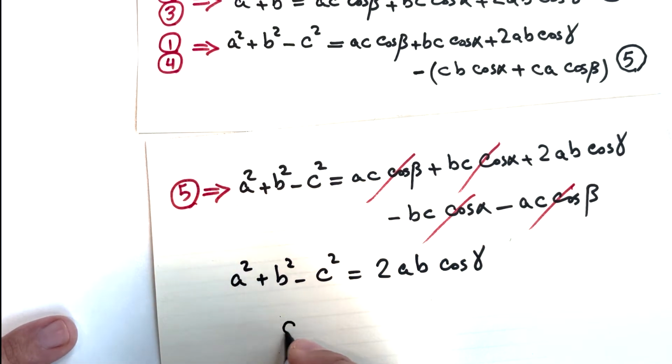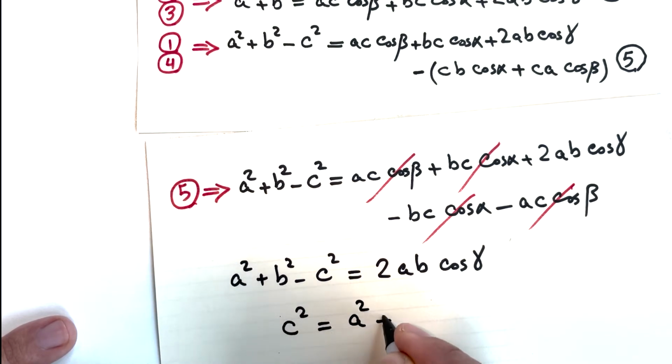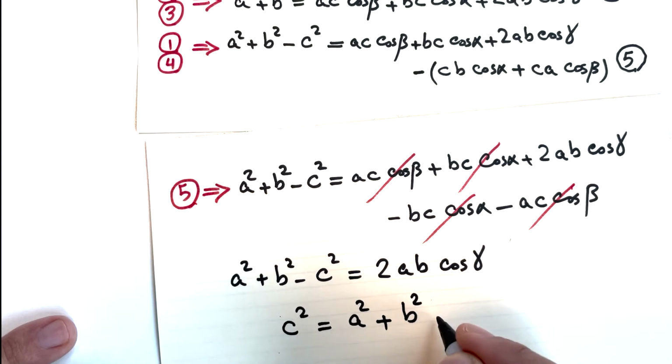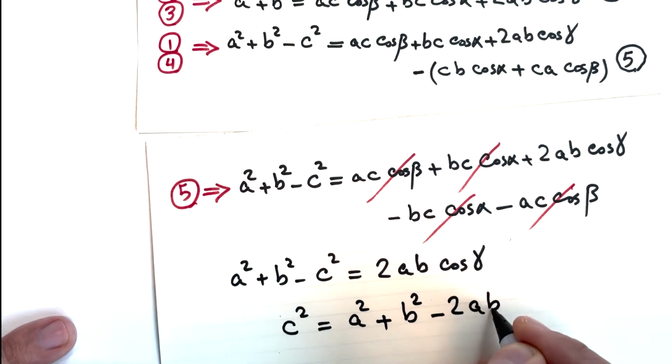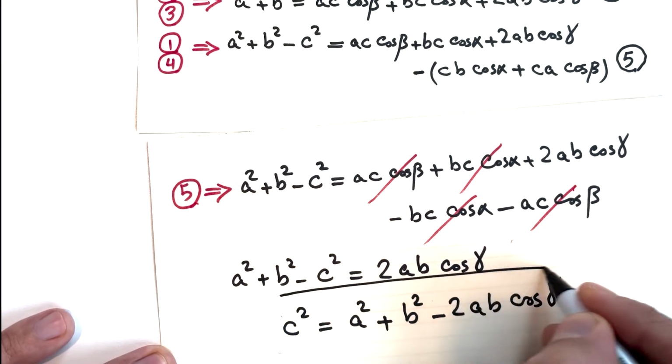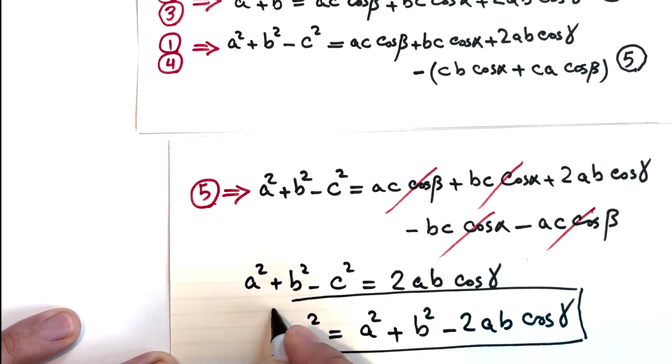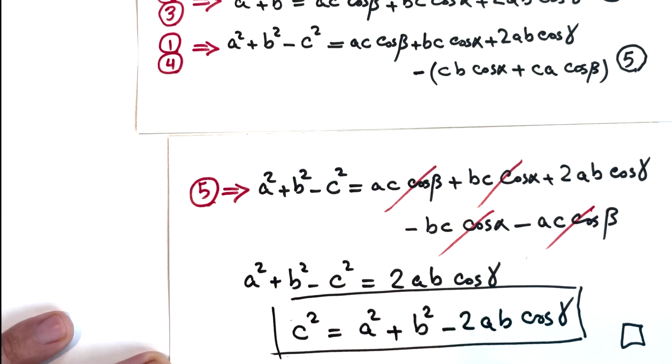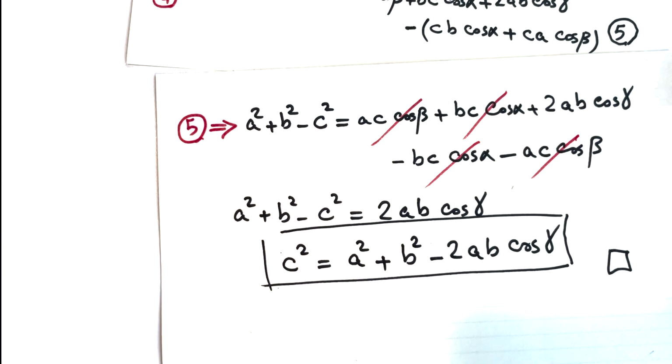This means c square is equal to a square plus b square minus 2ab cosine gamma, which is the law of cosine, and we have basically proved the law.